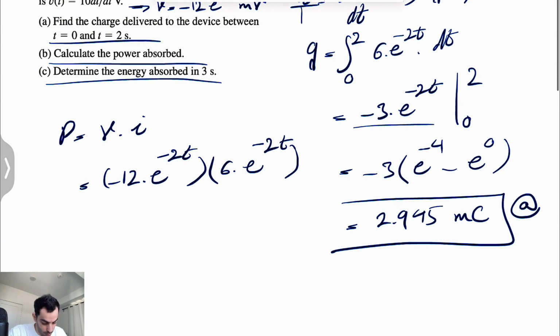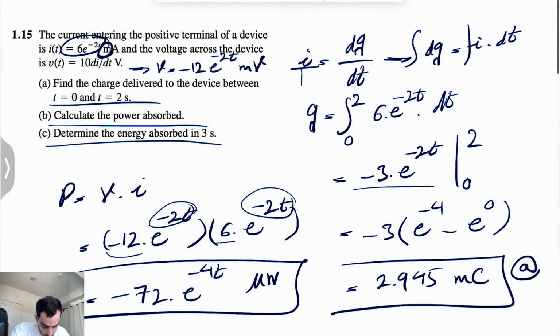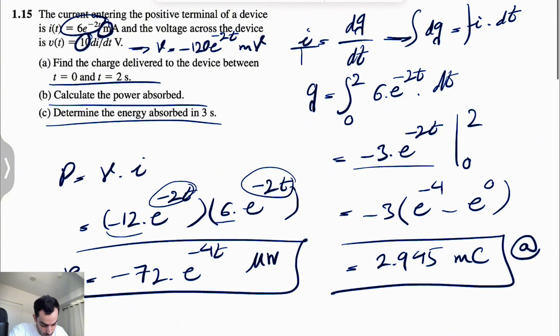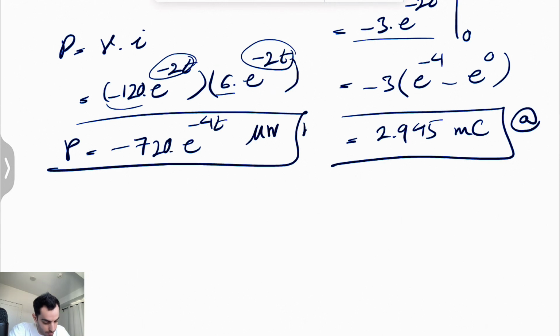So our unit is going to be microwatts, and this is going to be minus 72, and e to the power of minus 2t plus minus 2t, or minus 4t. And I just remembered that I missed a 0 in here because it has a 10 times that. So here we're going to have 120, and this is going to be 720. So that's going to be the answer for the B part.